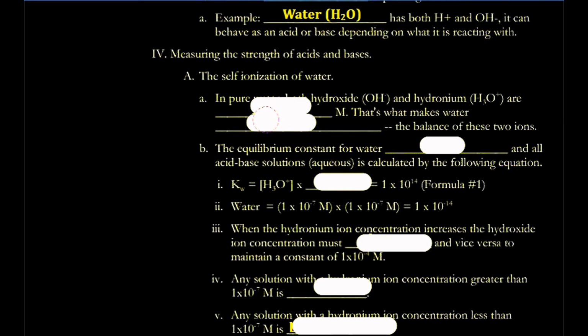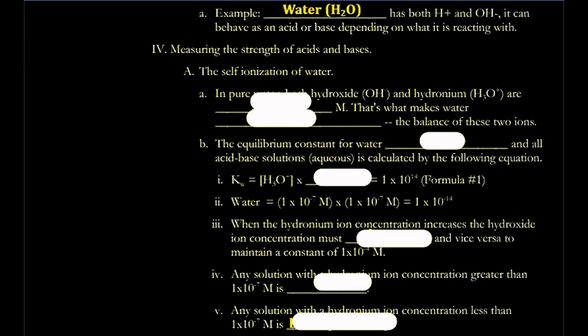And that brings us to the properties of water and how we measure the strengths of acids and bases. In pure water, both hydroxide and hydronium have a concentration of 1 times 10 to the negative 7th molar. That is what makes water neutral. It is the balance between these two ions.